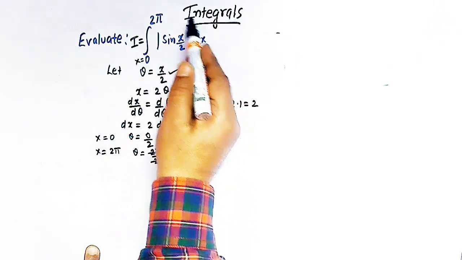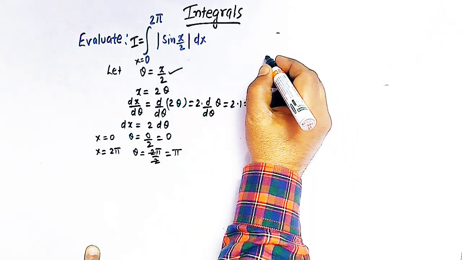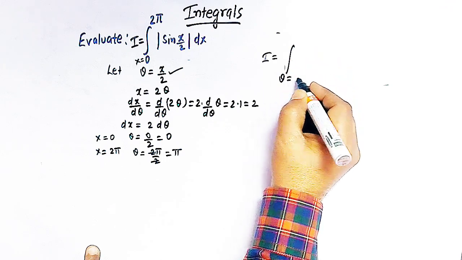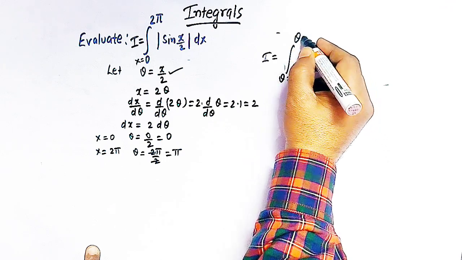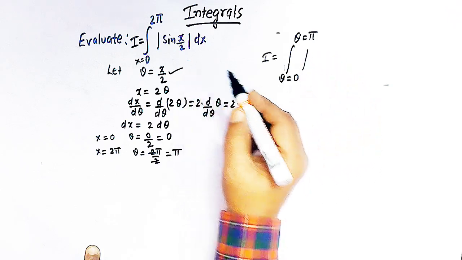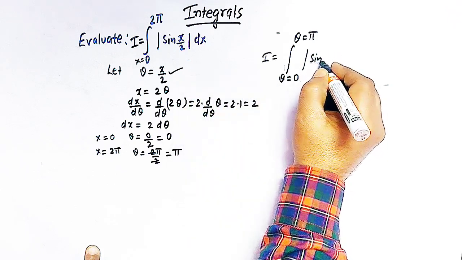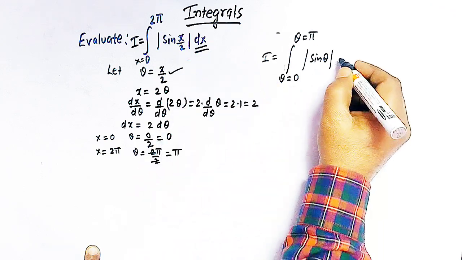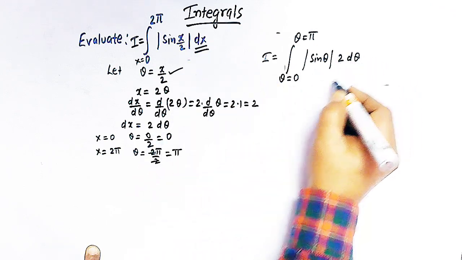So now we can express this integral in terms of theta. So now we have theta is equal to 0 to theta is equal to pi, and here we have mod of sine theta, and for dx we can now write 2 times d theta.